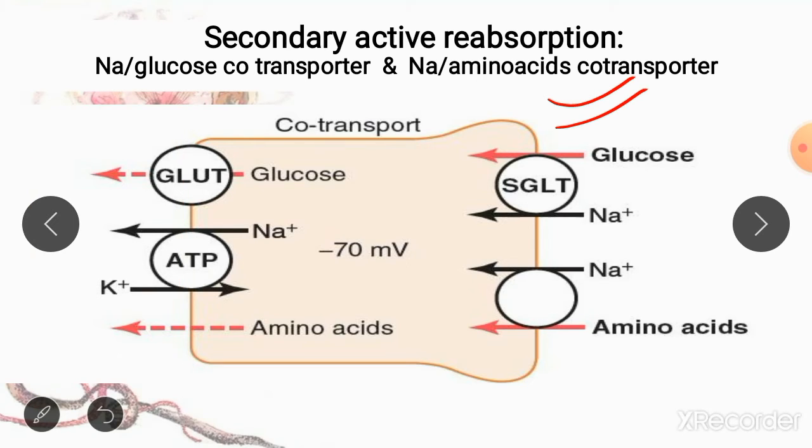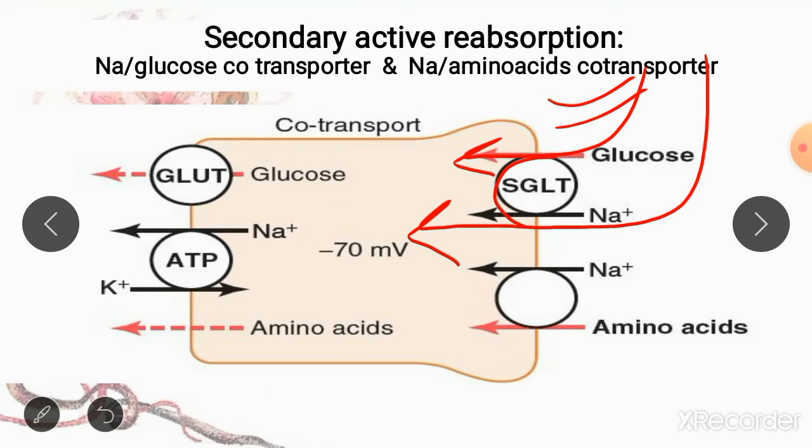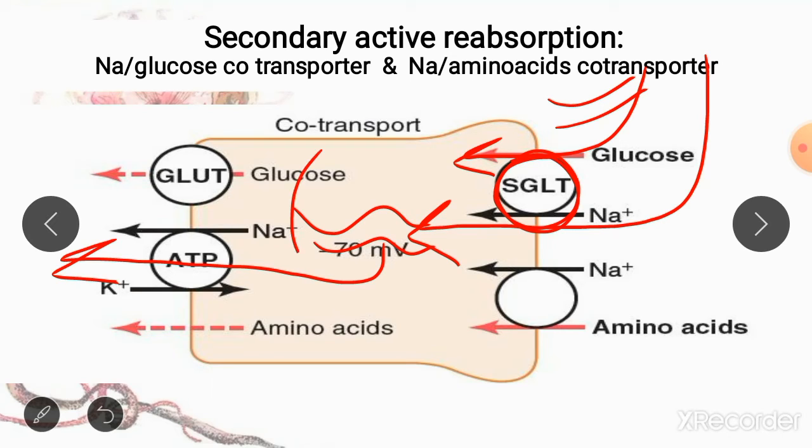So what happens is, along the luminal surface the sodium moves from higher concentration to lower concentration within the cell, and it also takes along glucose against the concentration gradient of glucose, and the proteins over here do not use any ATP, but this sodium which is accumulating within the cell is being continuously pumped out by the sodium potassium ATPase pump, which generates a gradient within the cell so that more sodium can move inside.